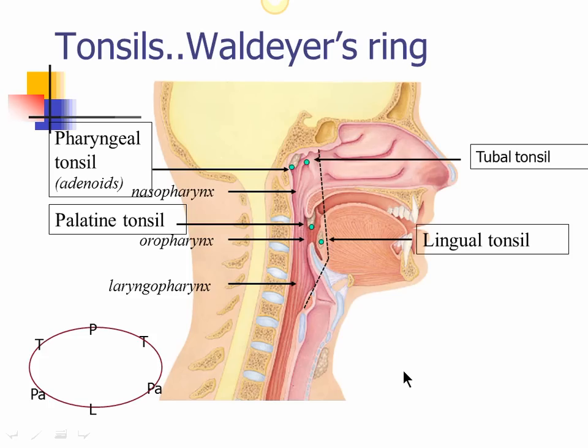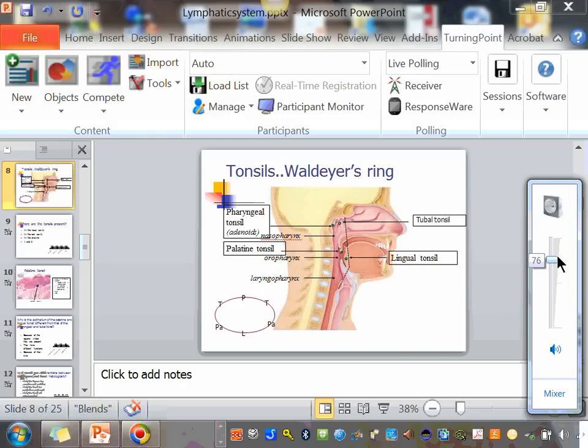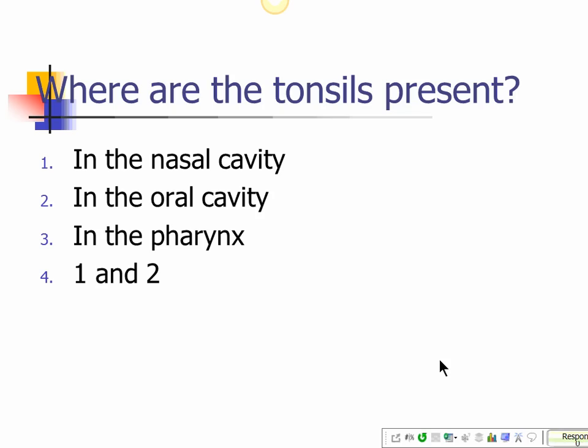So we saw the tonsils in the Waldeyer's ring, and just let me make sure. So now let's answer this question. Where are the tonsils present?